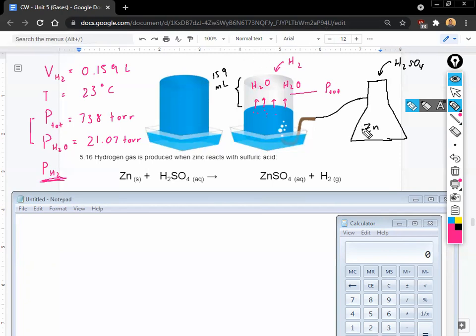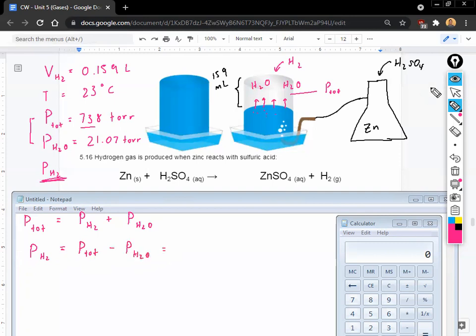Alrighty, guys. So let us start by doing some calculations with the partial pressure. So we said that the total pressure is 738. And so if we write the total pressure is equal to the pressure of H2 gas that was produced and the pressure of the H2O gas that was created by the vapor pressure, all we need to do is rearrange this equation, and the pressure of H2 gas is equal to the total pressure minus the pressure of H2O.